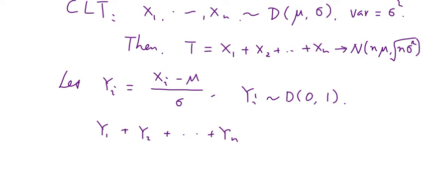So we divide by radical n. We want to prove this one will be close to standard normal.